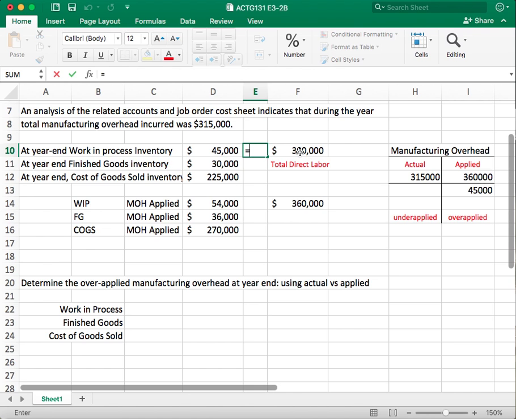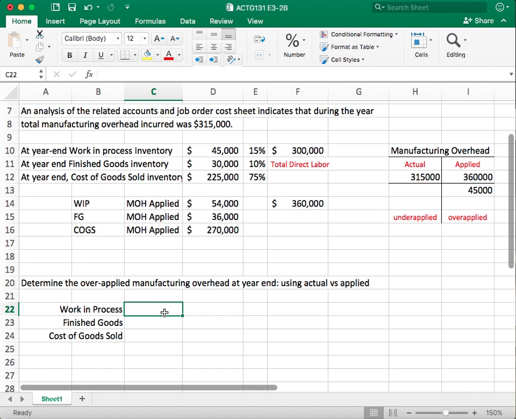So for example, $45,000 divided by the total $300,000 is 15%. We would do the same for finished goods, 30,000 divided by 300,000, and 225,000 divided by 300,000. This is the relationship for work in process, finished goods, and cost of goods sold to the total.